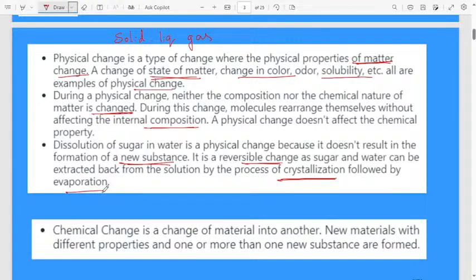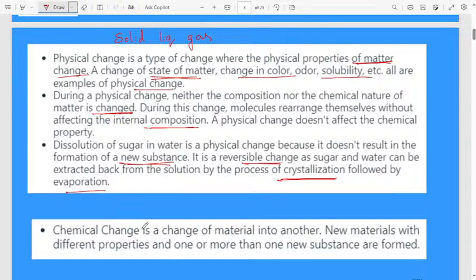You can get the sugar particles back. Therefore the dissolution of sugar in water is a reversible process, and an example of only a physical change.